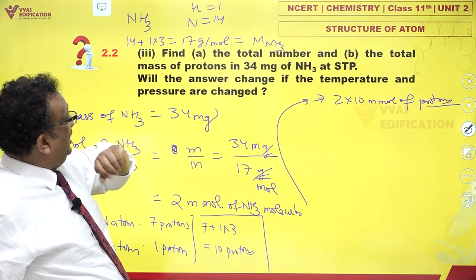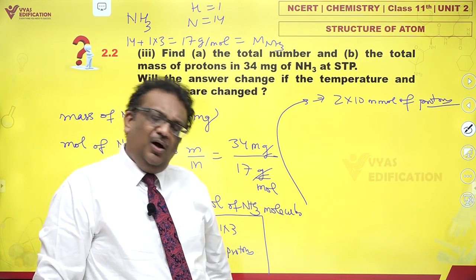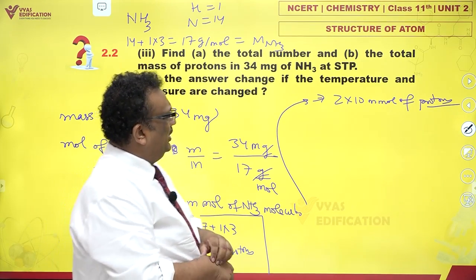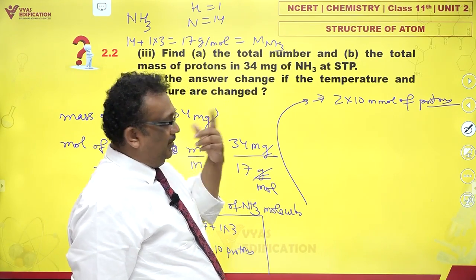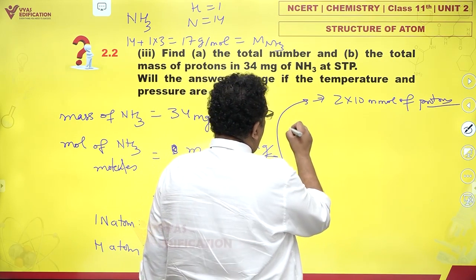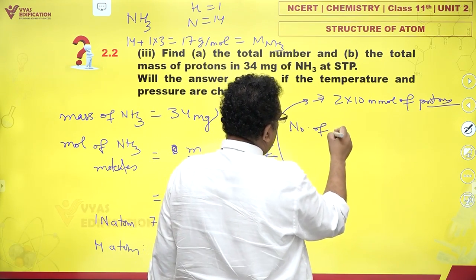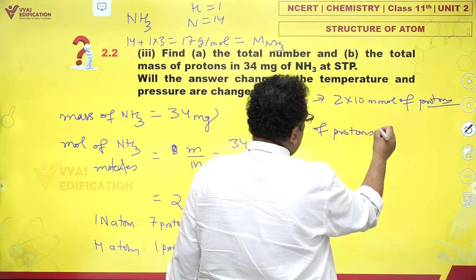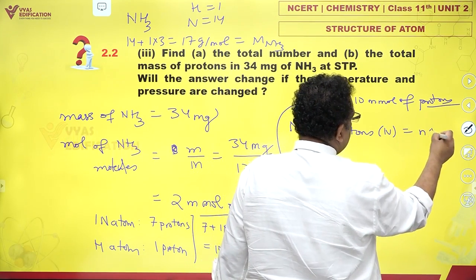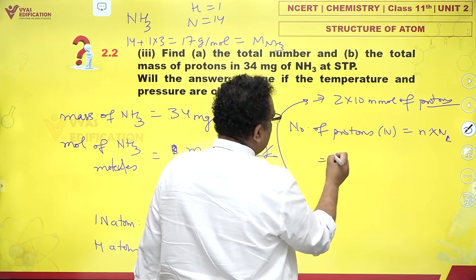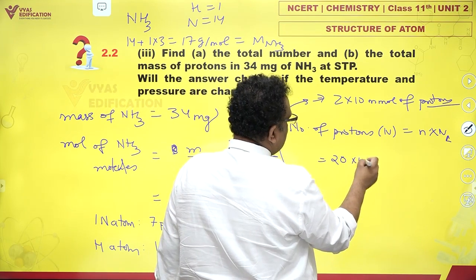Now I have to find the number and I have to find the mass. How can I find the number? Number is quite simple. Number of protons, N, is moles into Avogadro's number. Moles is 20 millimoles.